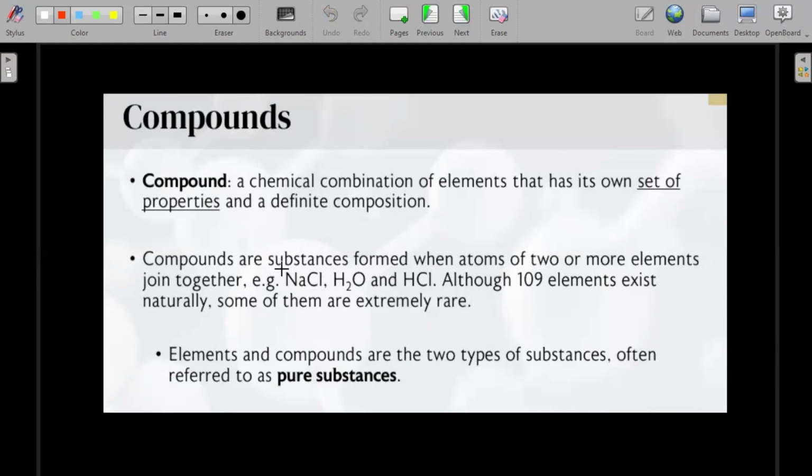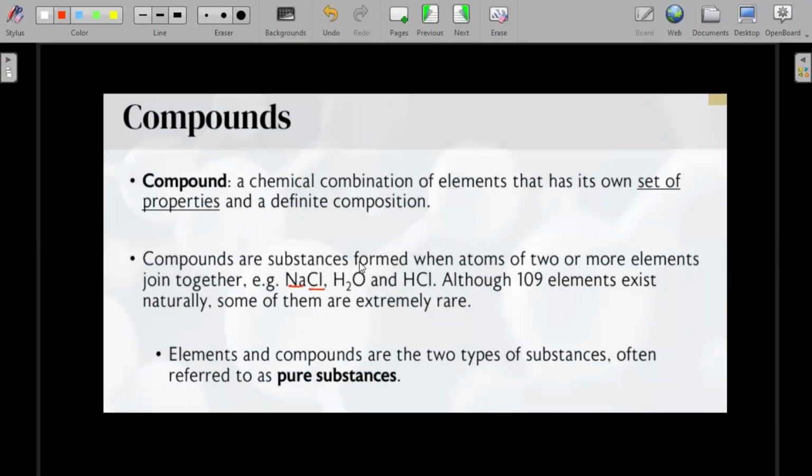Here are examples of compounds: sodium and chlorine put together form sodium chloride as a compound. Water is also a compound, and HCl is also a compound. All these are formed by the chemical combination of elements.